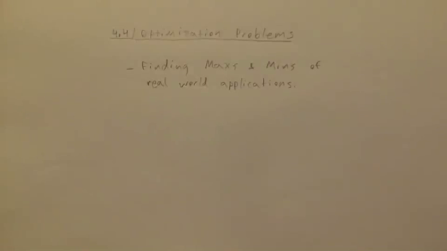Another example would be, say you are a sales analyst and you get this formula that shows you the company's profit based on the price of the goods you're selling, and you want to maximize the profit, obviously. Or say you have a cost function, and often you will want to minimize the amount of cost that the company accrues over time.